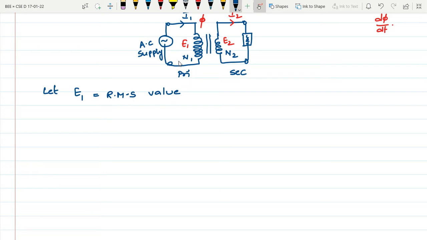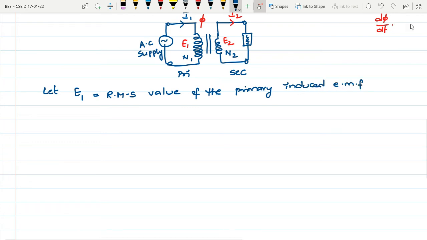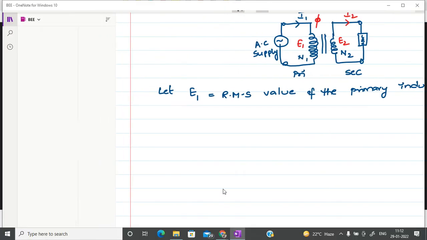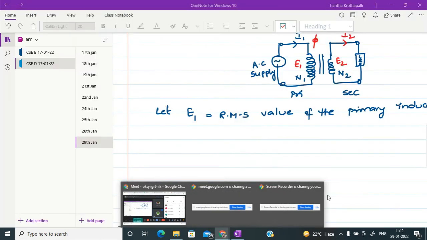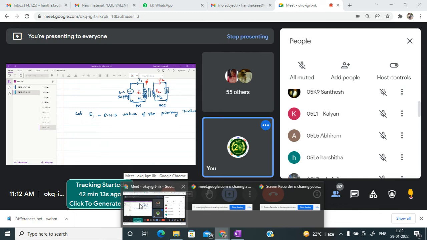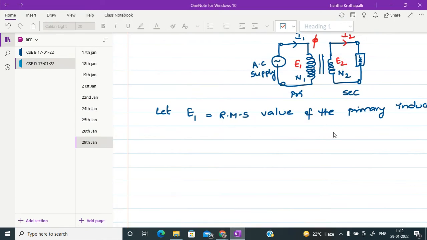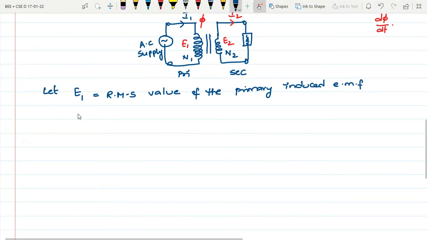And E2 is also the RMS value of the induced EMF, that is, the secondary induced EMF.